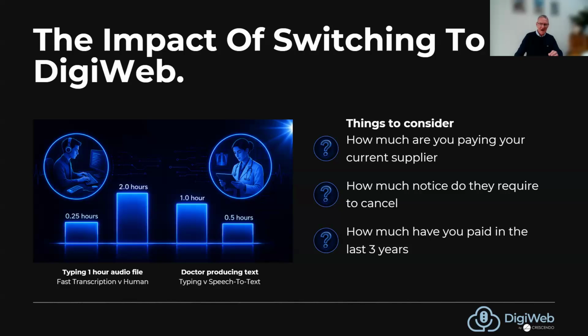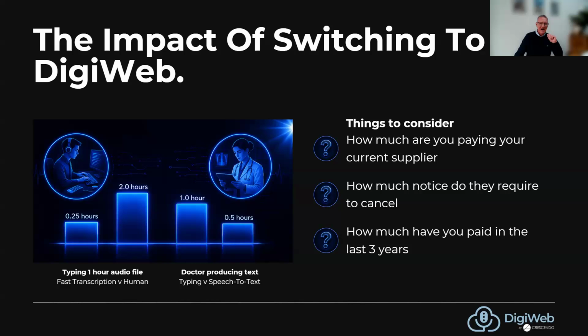Furthermore, for every hour a doctor spends typing, the equivalent amount of text can be generated in half the time by using speech recognition. Research indicates that the average user of speech recognition is typically 3 times faster.